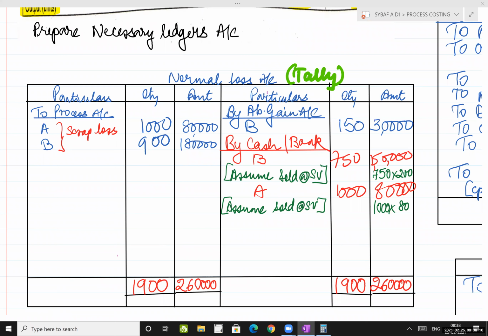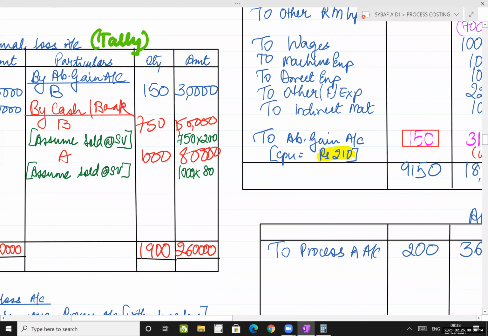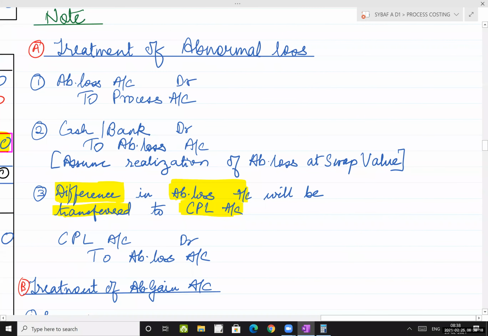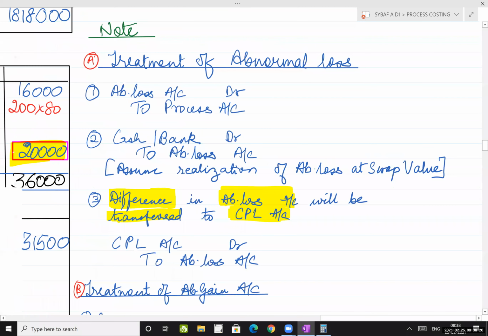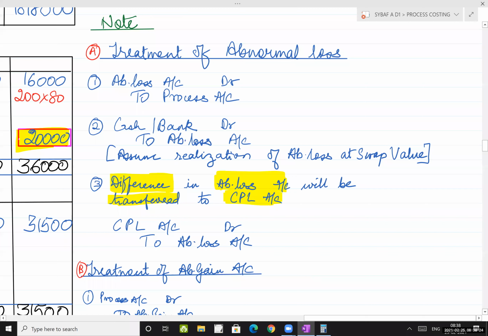Okay. I move on to, please write this for your, this will be better so that there will be no doubts. Just write down this theoretical note. I've already done this with your last lecture. Treatment of abnormal loss.